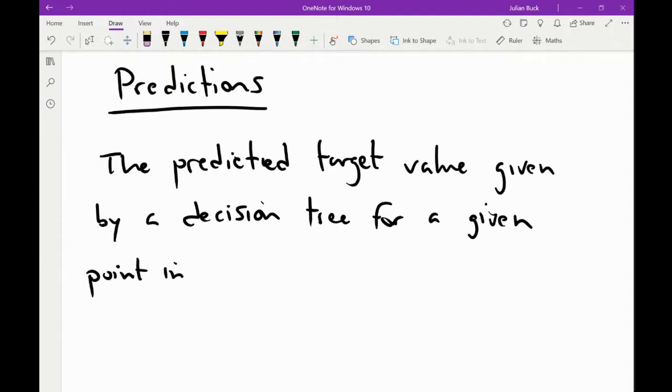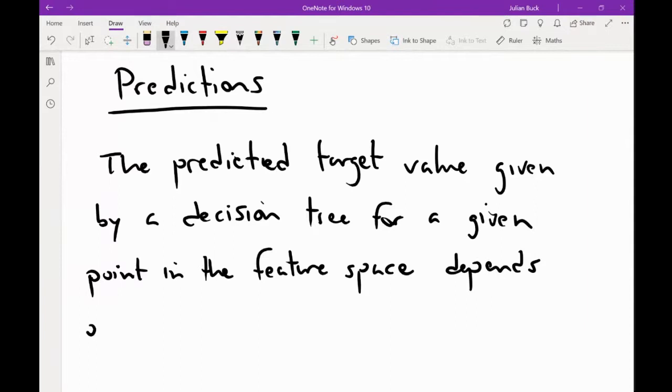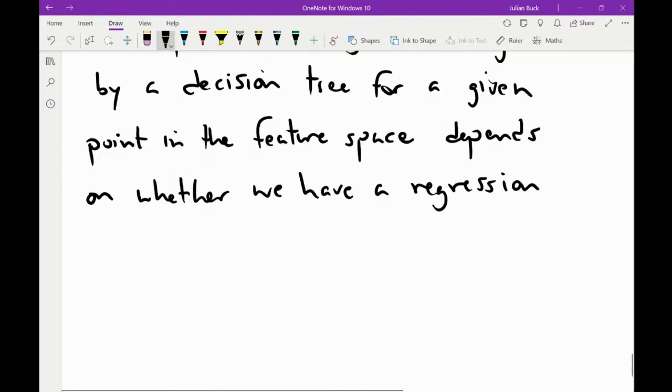In other words, if you input an observation, a set of feature values, what does it produce as the target prediction? Well, of course, it depends on whether we have a regression or classification problem. In other words, are we dealing with numerical target data or categorical target data? But in both cases, the way we do the prediction is fairly straightforward.